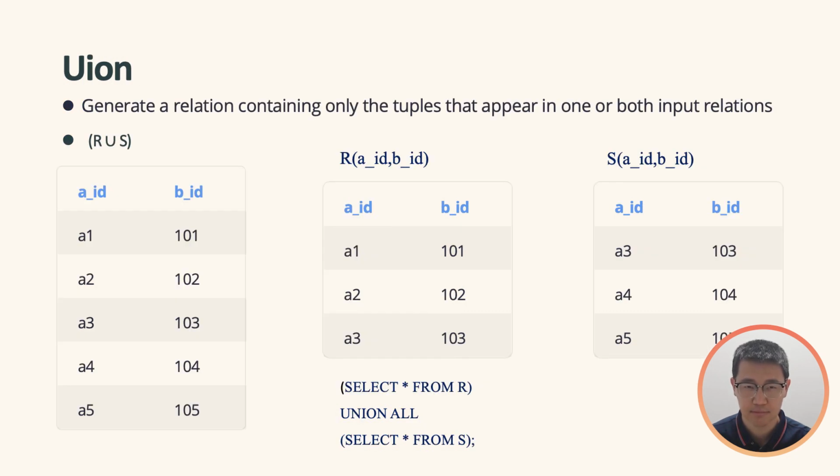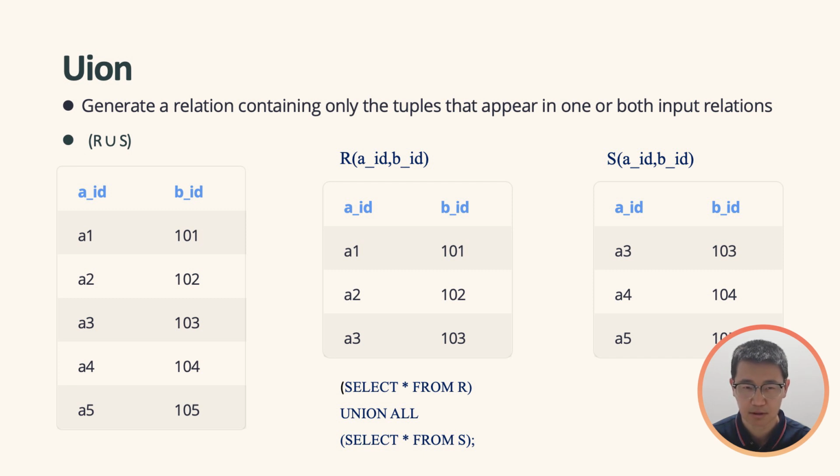The union operation means that I input two relations and output one relation. The input relations must have the same attributes.